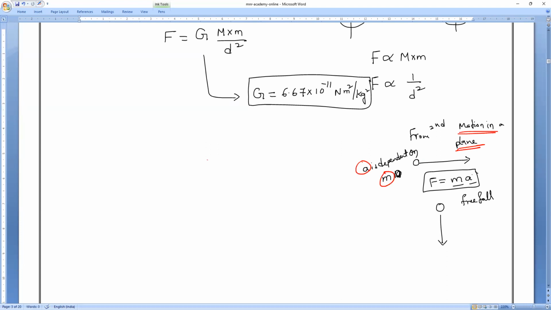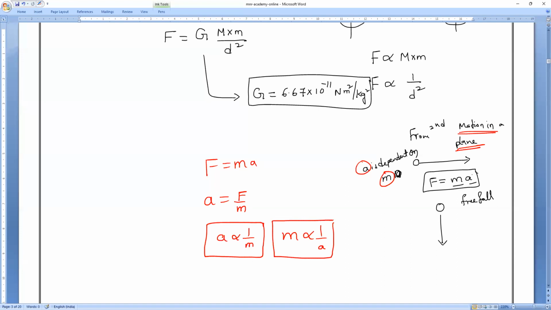F equals ma and a equals F by m. So what is the relationship between a and m? a is inversely proportional to mass, when they are in motion in a plane. So acceleration increases, mass decreases, or mass increases, acceleration decreases.